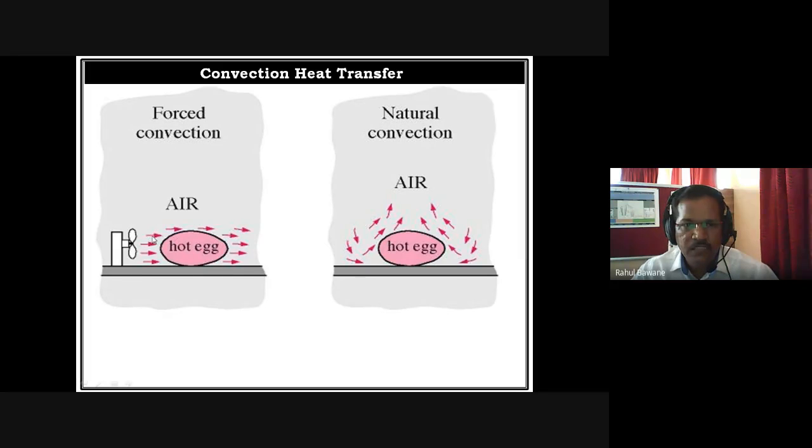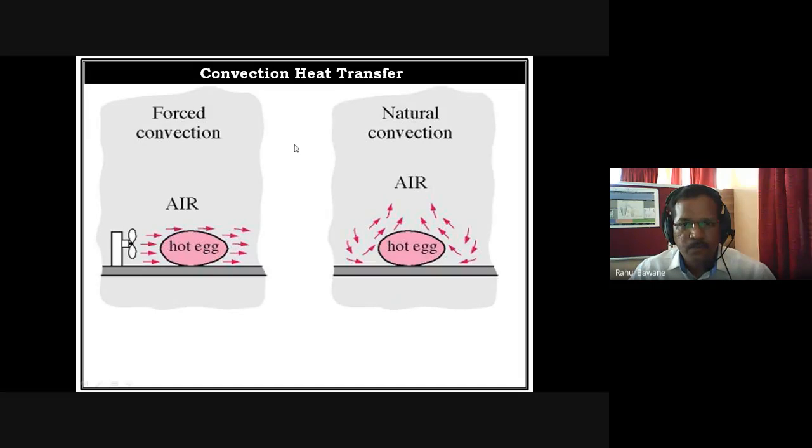In forced convection, we forcefully allow fluid to pass over the hot surface, then it will carry heat and move ahead. And we definitely experience that forced convection carries much more heat than natural convection. So definitely Q, heat transfer by forced convection, is higher than heat transfer by natural convection.